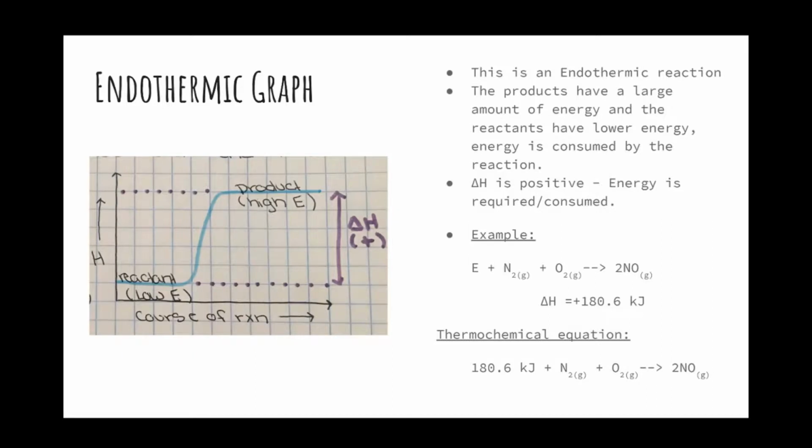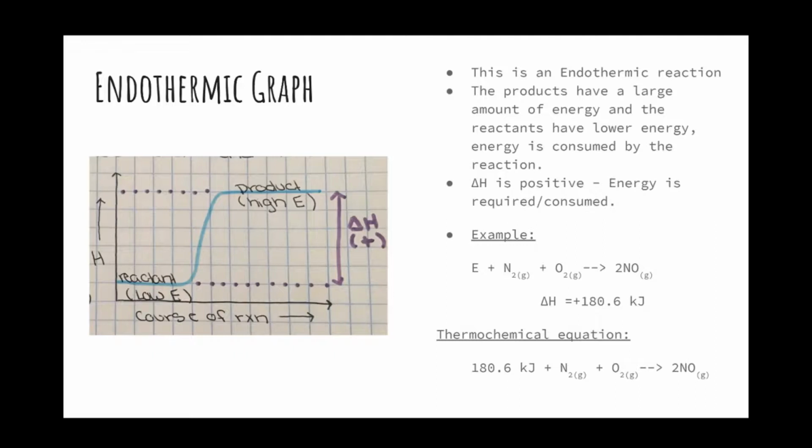And in order for the reactants to produce high energy products, energy has to be put into the system. Energy needs to be consumed, energy needs to be absorbed. And so we have this energy going into the system, our delta H. So that delta H is positive because energy is required or consumed in order to get those reactants into a higher energy product.